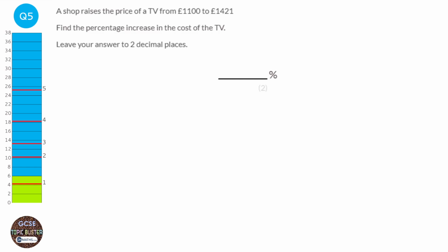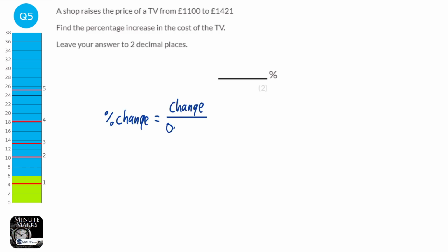So there's a formula for percentage increase or percentage change, and it is the change over the original amount times 100%. So to find out the change here, we're going to do the difference between 1421 and 1100.